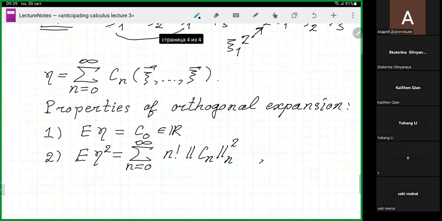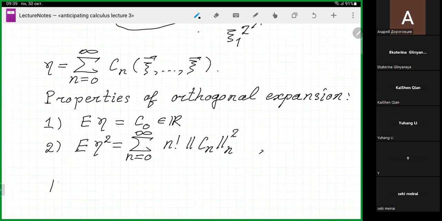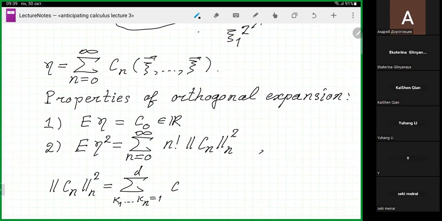The norm of Cn square is equal to the sum from k1, ..., kn equal 1 to d of c_{k1...kn} in square.